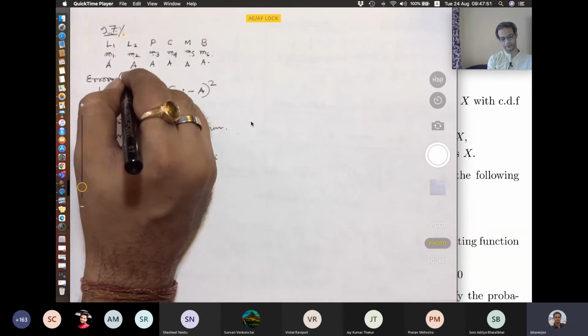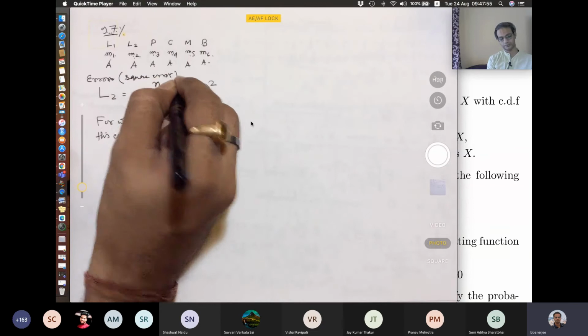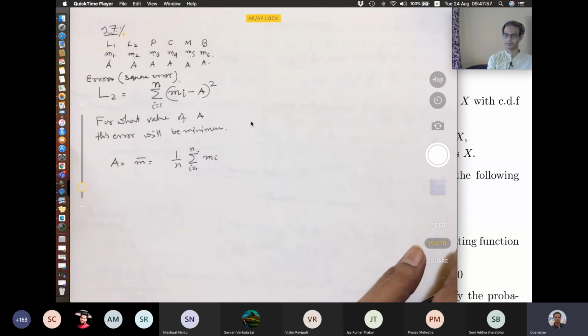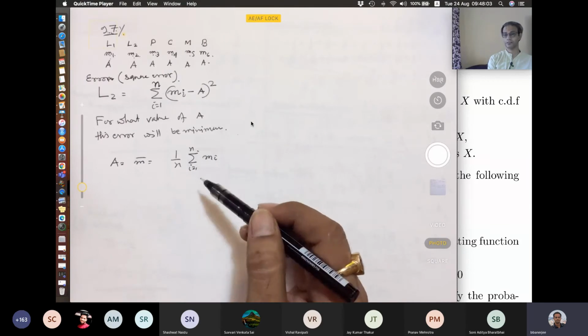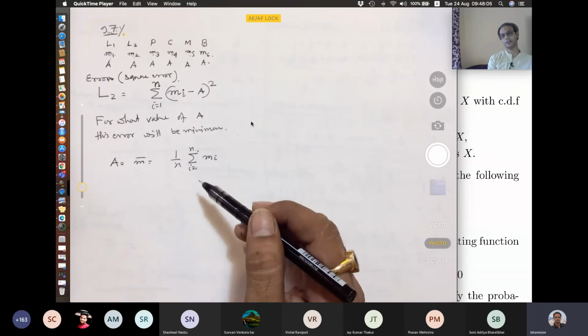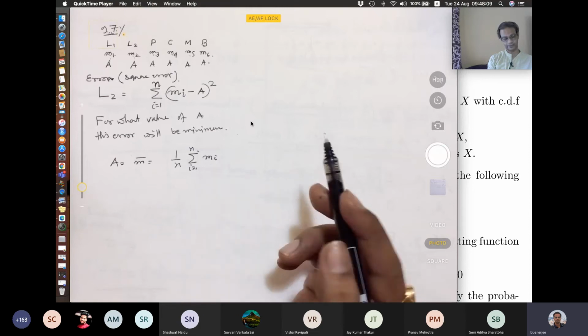So this is a square error, sometimes known as the Euclidean error or Euclidean distance. So the Euclidean distance or the square error is minimized with respect to the mean. Okay.